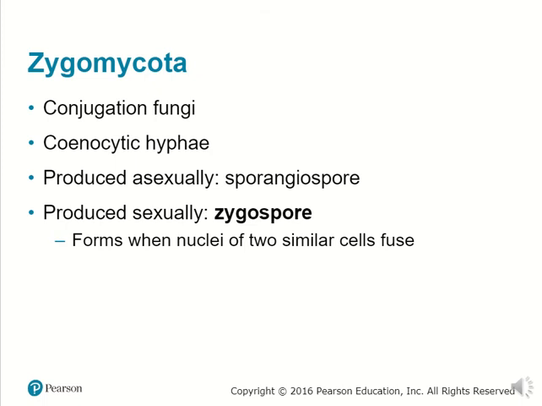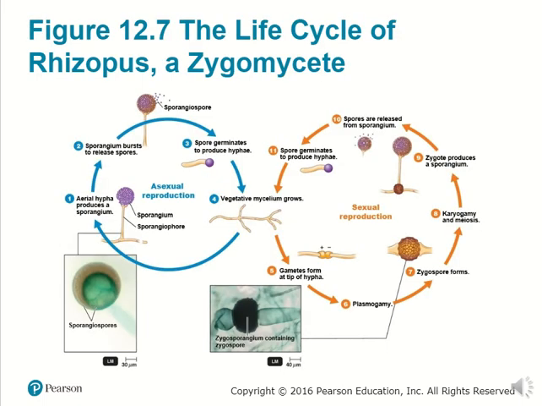A zygospore is simply when nuclei of two similar cells fuse together. And this is just a life cycle of Rhizopus, which is a type of zygomycete, showing both its asexual and sexual reproductive options.